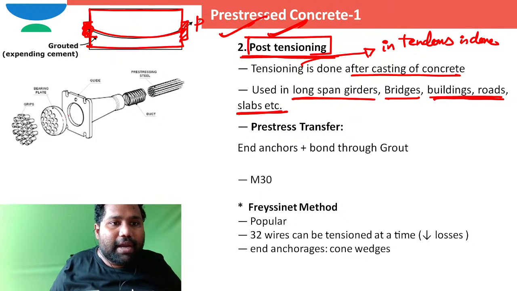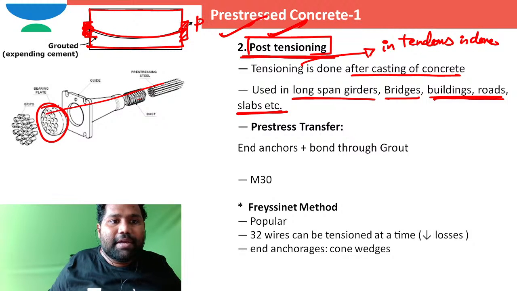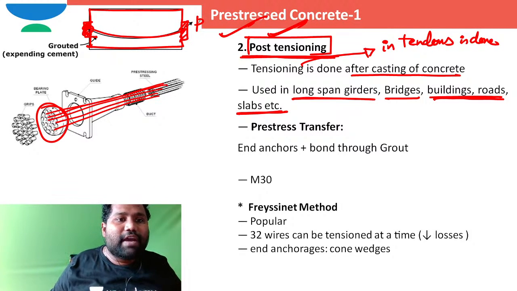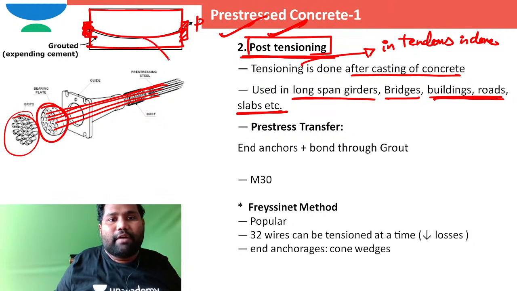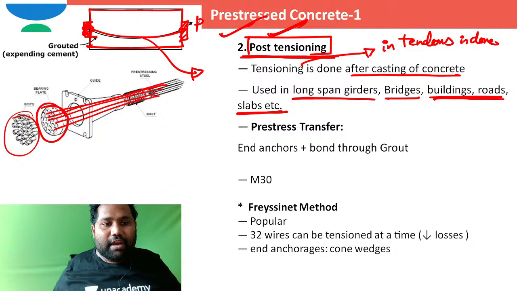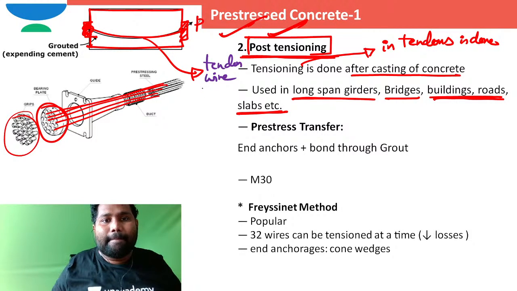This is the bearing plate. Through this bearing plate, these pre-stressing wires are kept inside, right? When you keep all these wires, 32 wires, in this bearing plate, and apply some pressure action with the help of these grips, then definitely this pre-stressing wire, or I can say the tendon wire, will be under tension.